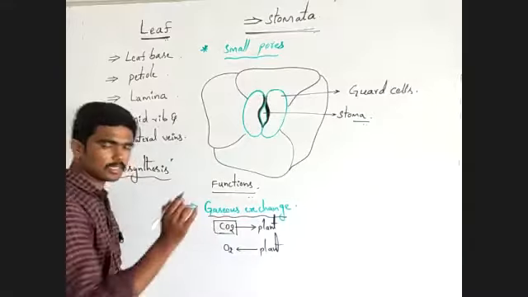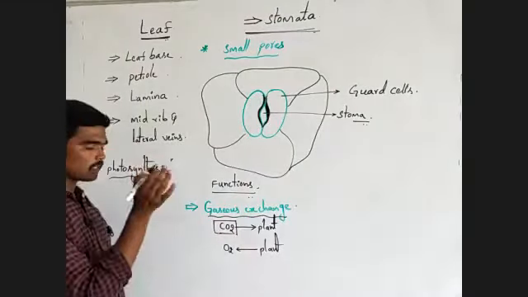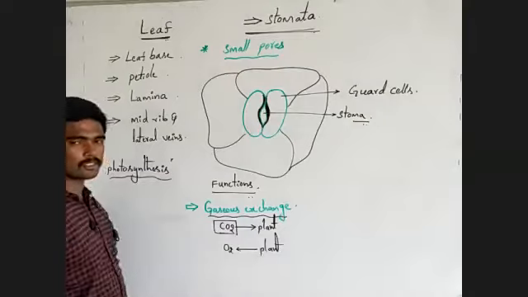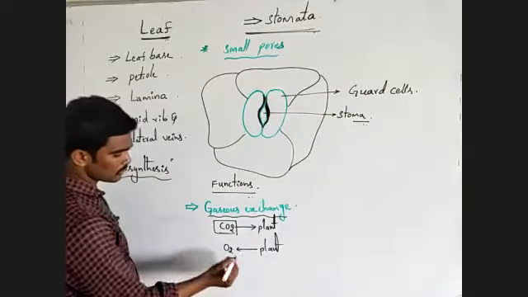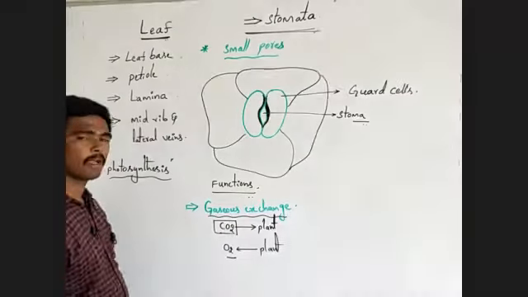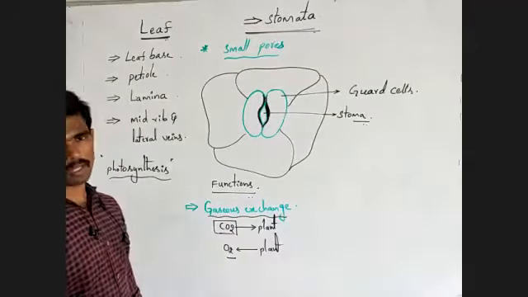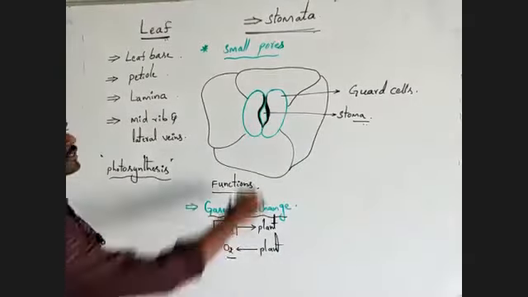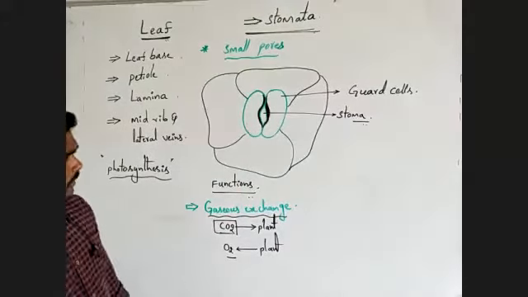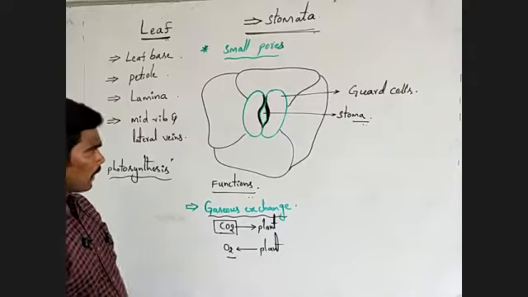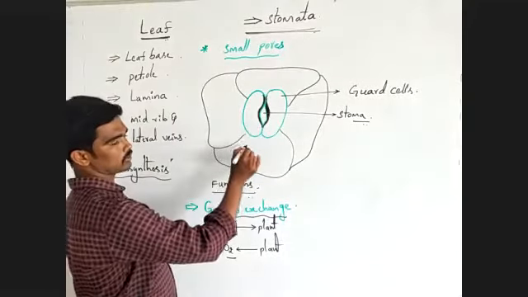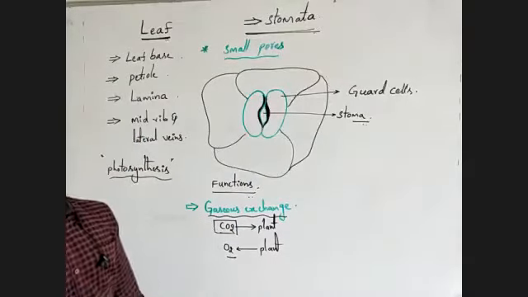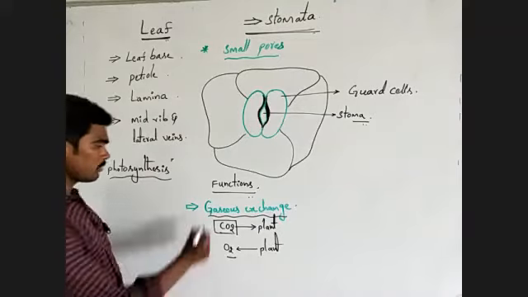Without carbon dioxide, plants cannot perform the photosynthesis. After photosynthesis process, oxygen is released out of the plant into the environment through this stomata. That is why plants require stomata. Stomata play a very important role in plant. Understanding?